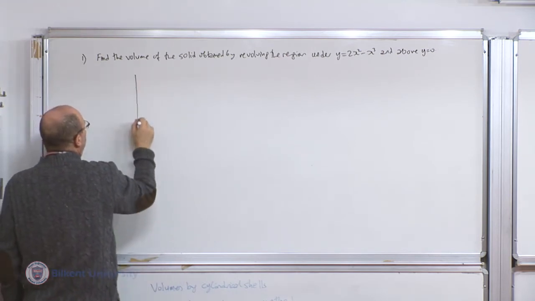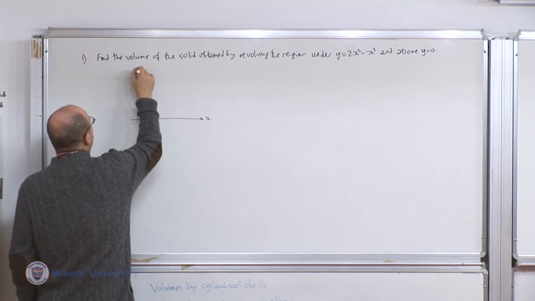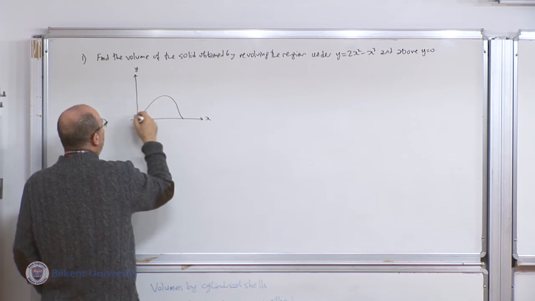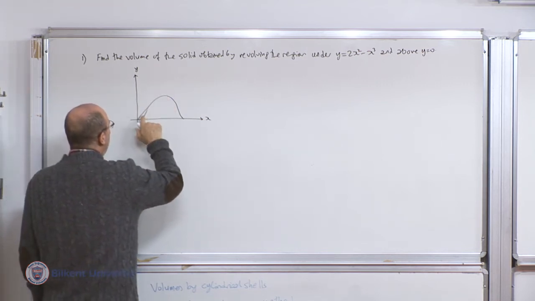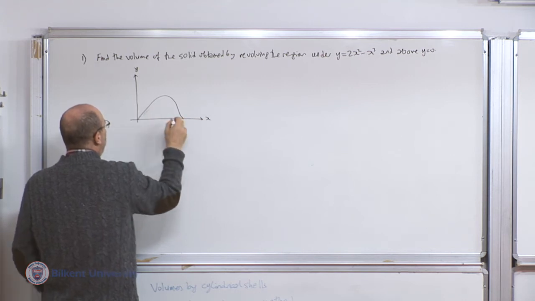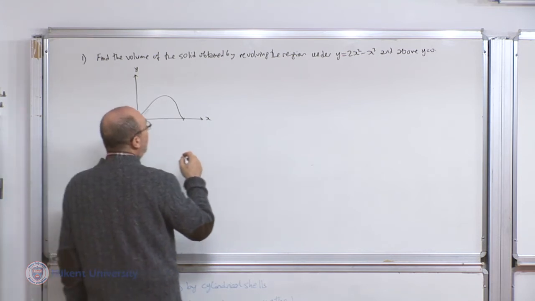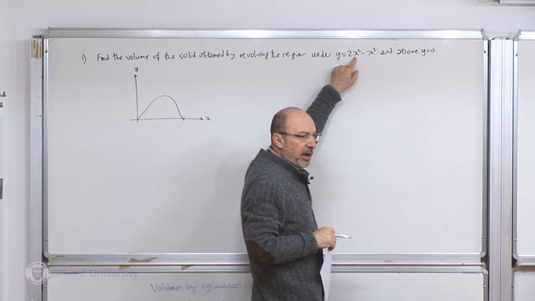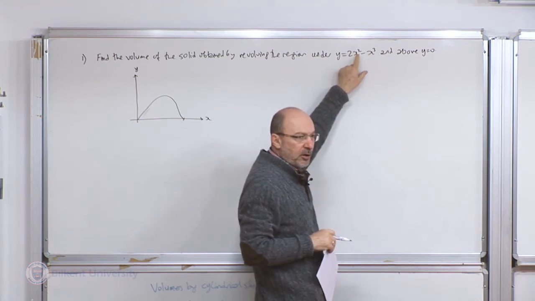The picture will be something like this. Maybe it is concave up here. We are not interested in that much. So we find this point. Here we see that at 0, this is 0. When x is small, x cubed is much smaller than x squared, so this is positive.